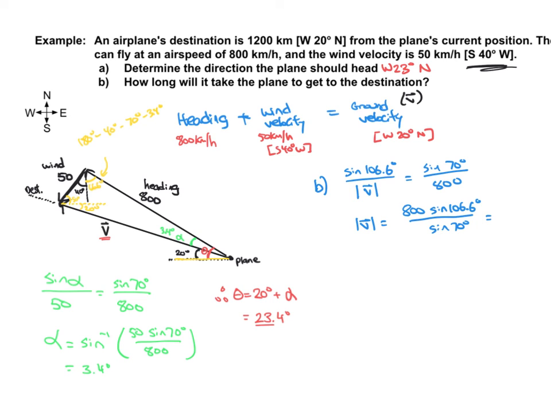So that's giving me 815.9 kilometers per hour. That would be to 2 sig figs. I kept a couple extra digits because I'm not done yet. I need to find the time. That's the last step of this whole thing.